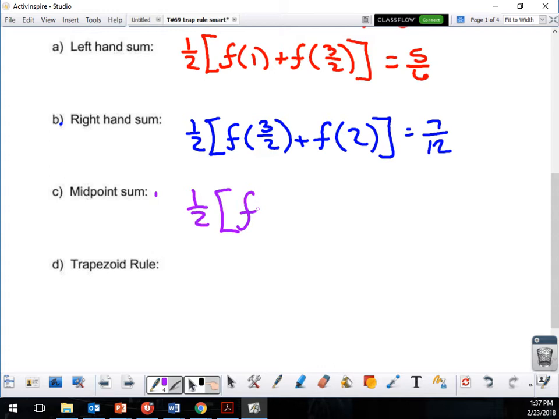Add the two numbers, then divide by 2. In my first case, it's between 1 and 3/2, so it's going to be 1 plus 3/2 divided by 2. That's how we get the midpoint there, 5/4. The next interval is 3/2 plus 2, over 2.